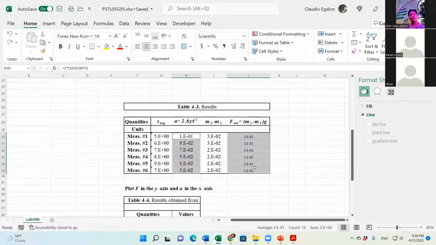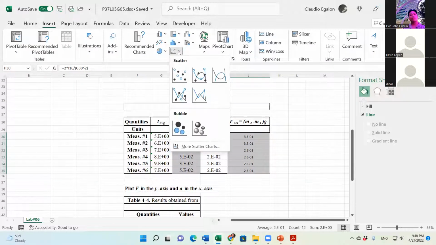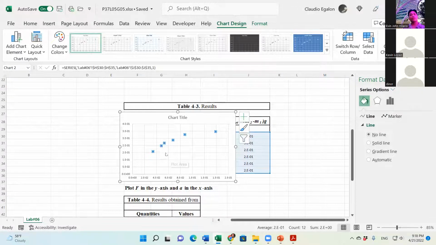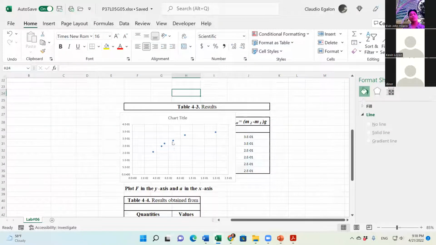Are you doing that? Yeah, I have that separately open, and when I make the graph, it's not showing me. Is that the graph you're getting? I believe that's the one I'm getting as well.